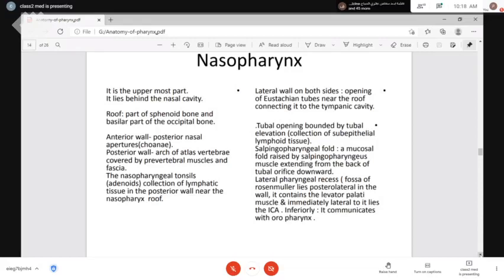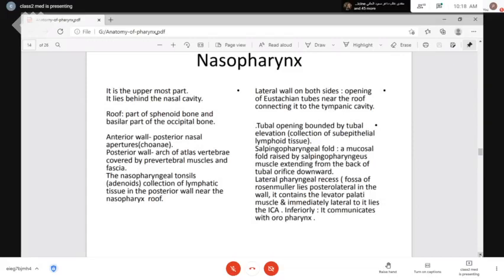The anterior wall is the posterior nasal aperture. The posterior wall is the arch of the atlas vertebra covered with the prevertebral muscles and fascia. The nasopharyngeal tonsil, called the adenoids, is a collection of lymphoid tissue in the posterior wall near the nasopharynx roof.